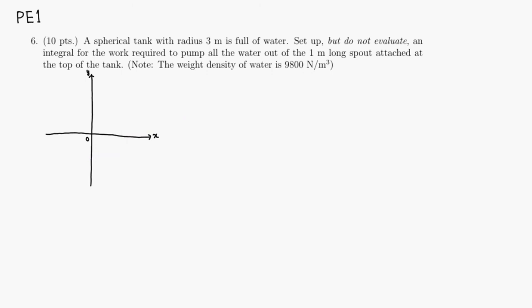The radius is 3, so 3 is here, and negative 3 there, and negative 3 there, and a positive 3 there. Then we have a 1 meter long spout, so it's going to be at 4 there.